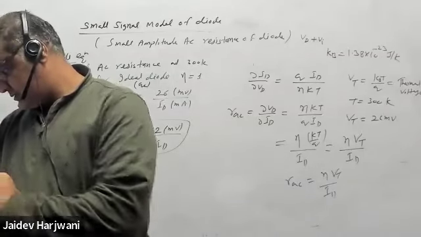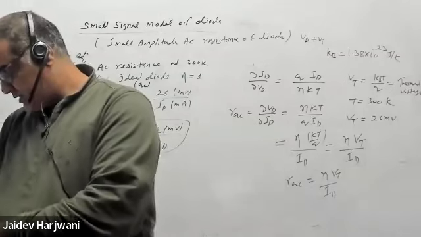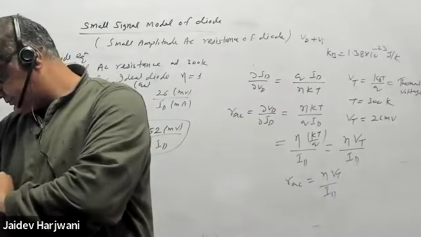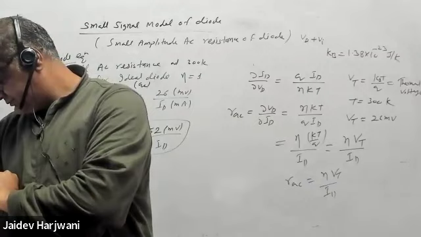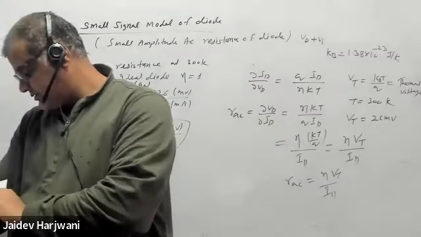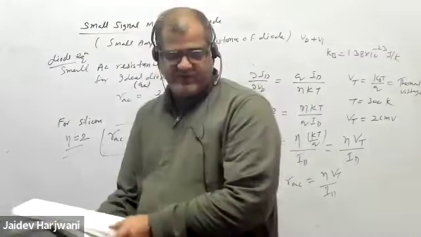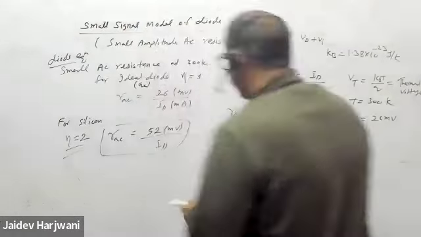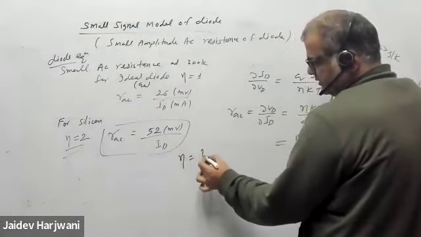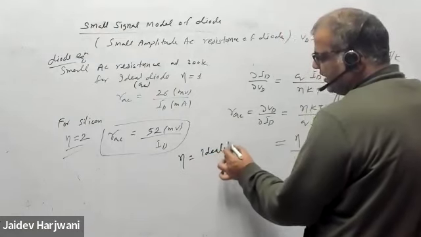Eta is the ideality factor, which tells how much the diode is deviating from ideal behavior.